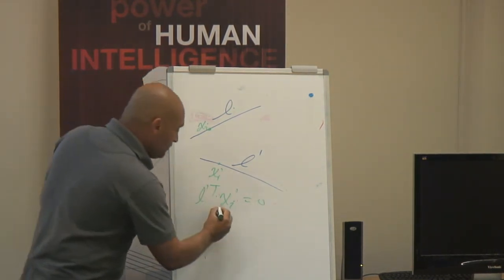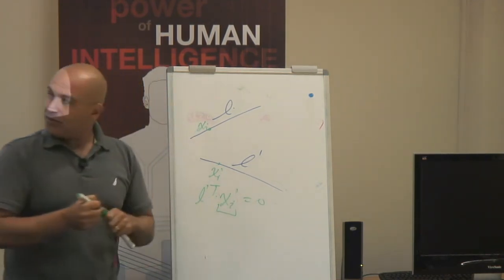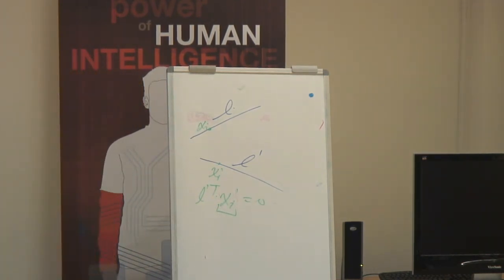Now, if I replace this part by the projective mapping of the point, it will actually be L transpose H inverse, the inverse of H, multiplied by H multiplied by xi.